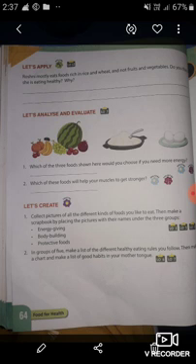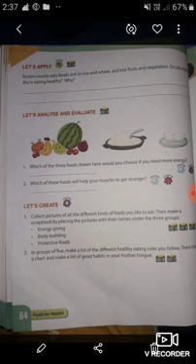Okay, now let's analyse and evaluate. So students, here some pictures are given. In the first picture you can see that this is a picture of fruits.